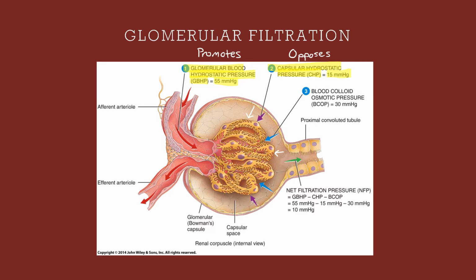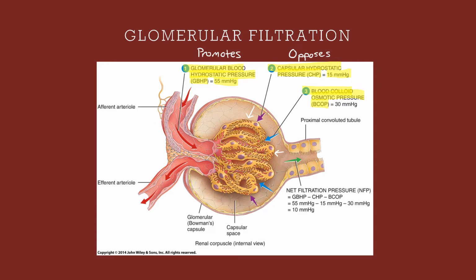Then the last pressure is the blood colloid osmotic pressure, or BCOP. Now we did see this similar pressure when we looked at the capillary net filtration pressure in the circulatory system, so just think back to that. The blood colloid osmotic pressure is due to the presence of proteins like albumin, globulins, and fibrinogens in blood plasma.